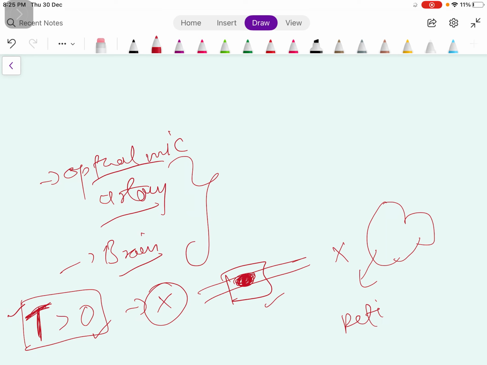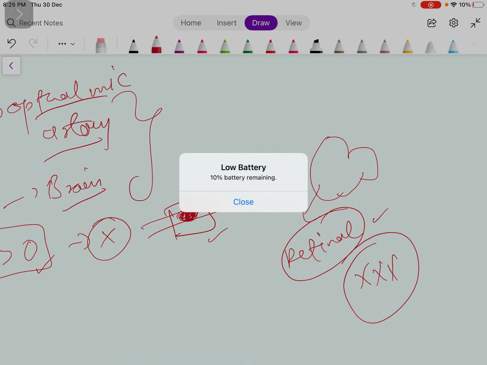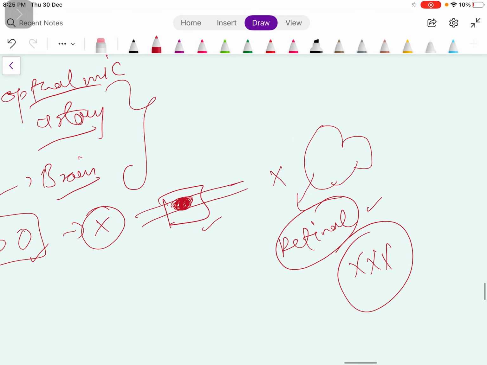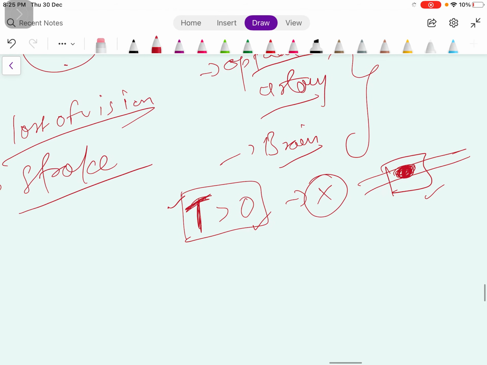And you know that the eyes have neurons: there are retinal cells, there are ganglion cells, they all are neurons. Once dead, all gone. The cells of the eye do not regenerate. These ganglion neurons do not regenerate. We know this from our basic physiology.